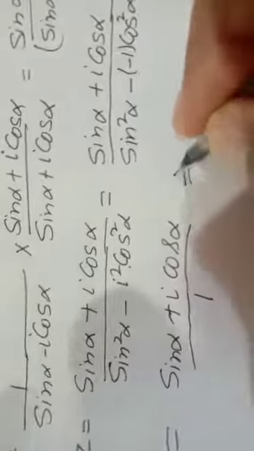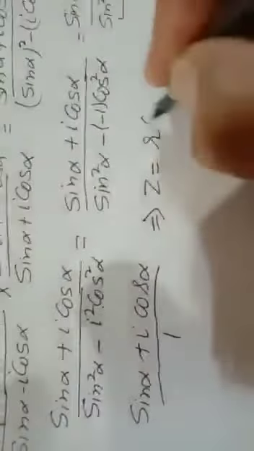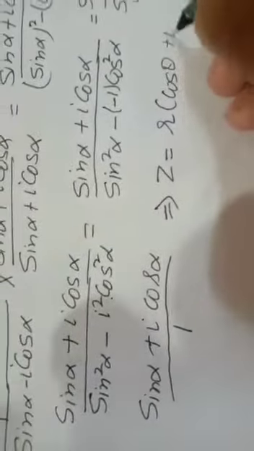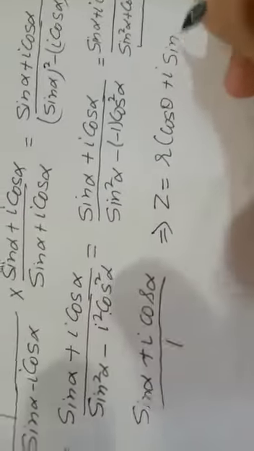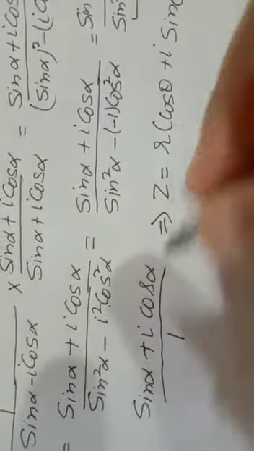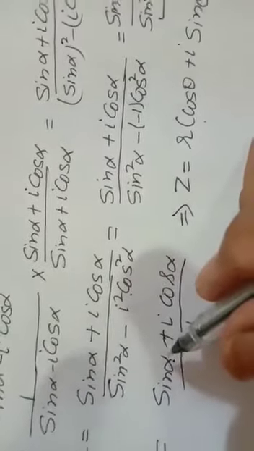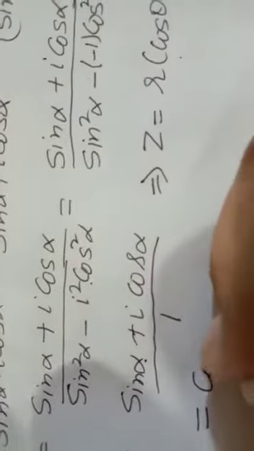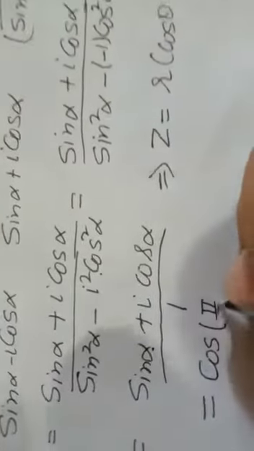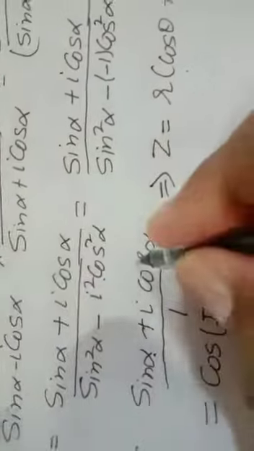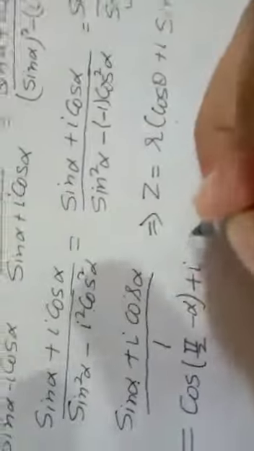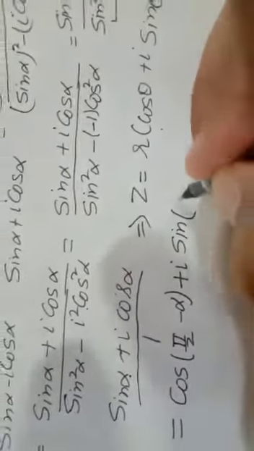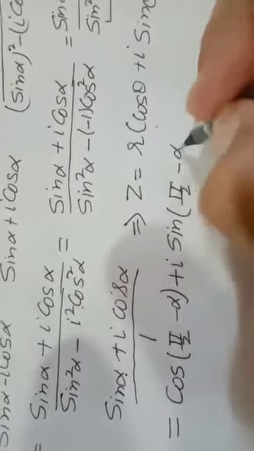Again, we compare this complex number with z is equal to r cos theta plus iota sin theta. But here it is cos theta, while in the expression it is sin alpha. So we will change it, it becomes cos of pi by 2 minus alpha, and similarly this part will be changed, iota, we are demanding sine here, so we change to sin of pi by 2 minus alpha.